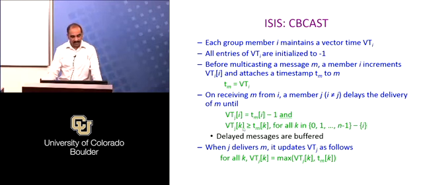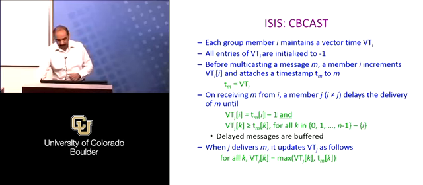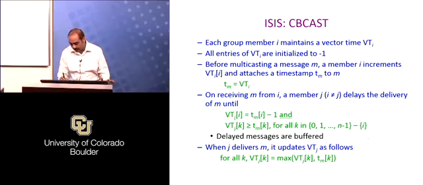I want to make sure that my entry, every other entry, is larger than or equal to the corresponding entry in the message timestamp. This is a little bit involved, I agree, but let me try to explain this through a picture.